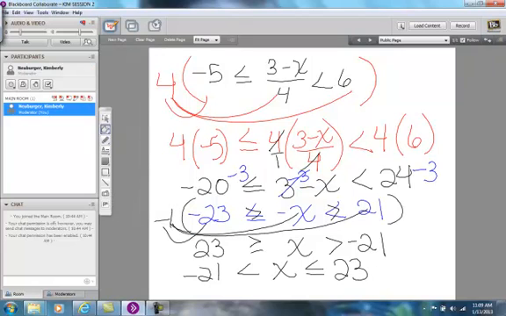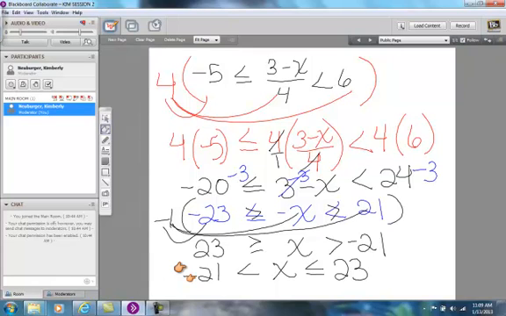Notice that this is the same expression because the 23 is larger than the x, and we still have the 23 being larger than the x because it opens up towards a larger number, and the x is larger than the negative 21, which means that the inequality has to open up towards the x, and it still does that when the negative 21 is over here.